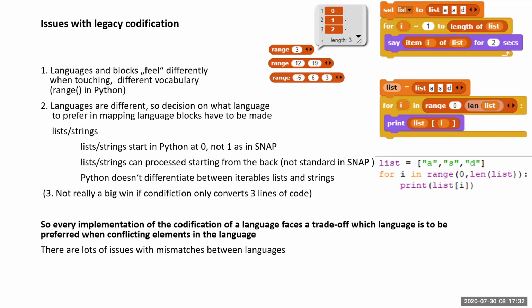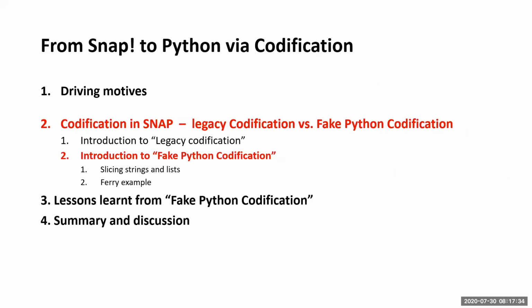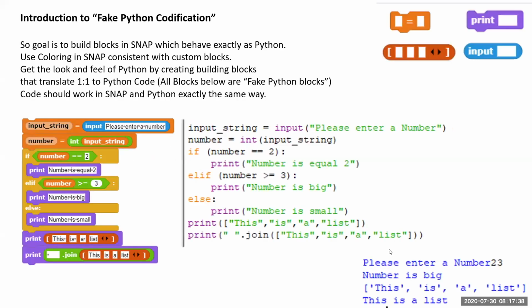And that is where we started to build our own blocks, which behave more or less like Python blocks. So you can see here you have an assignment, which is just the assignment operator. You have print and input. Here this input, for example, in Python always returns a string.